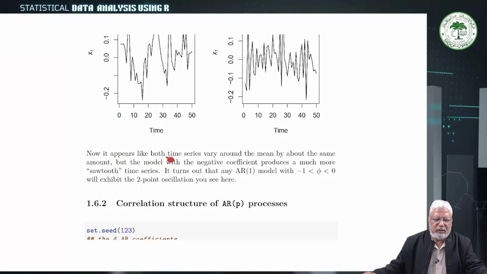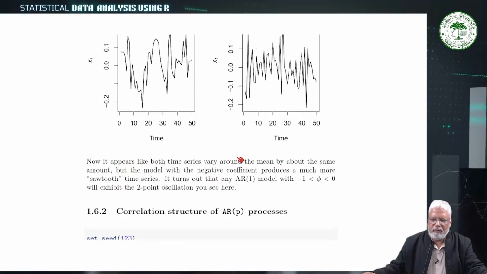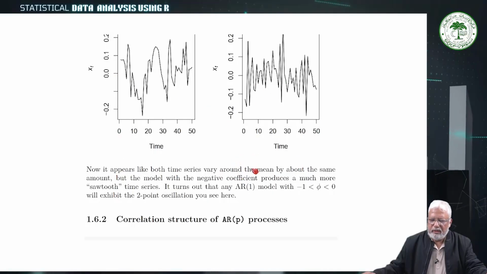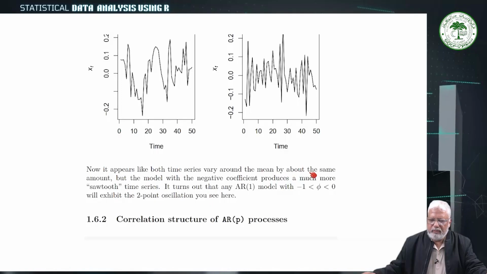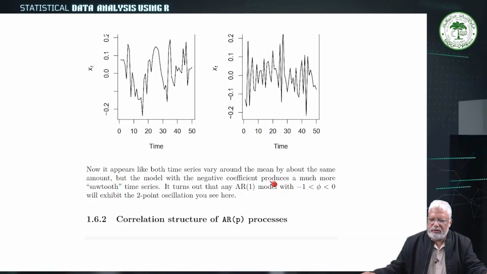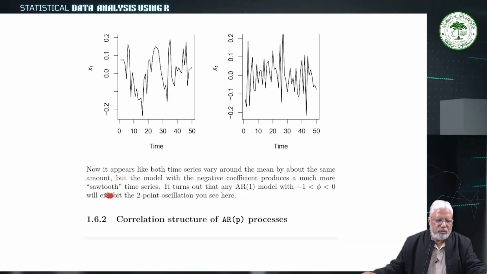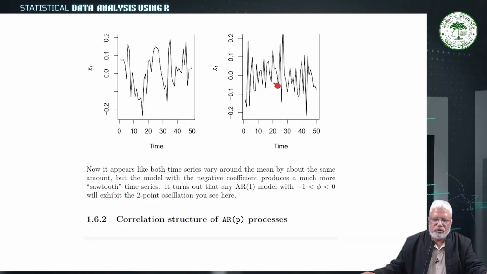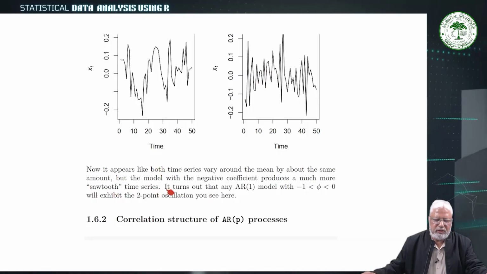Now it appears that both time series vary around the mean by about the same amount, but the model with the negative coefficient produces a much more sawtooth time series.